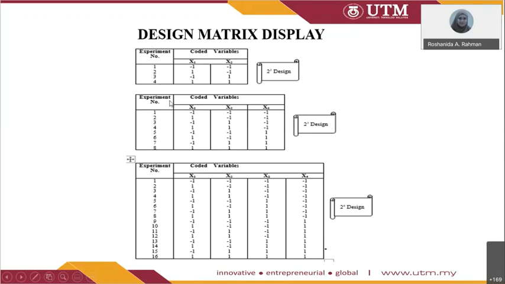So these are the coded variables. For example, you have x1 is time, x2 is temperature. This -1 and +1, you have to decide based on your literature review and your preliminary study what those values are. That's the only thing that you need to do.